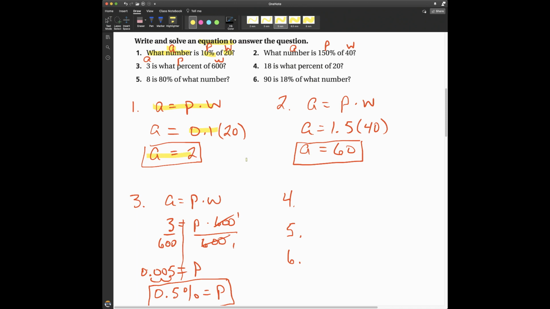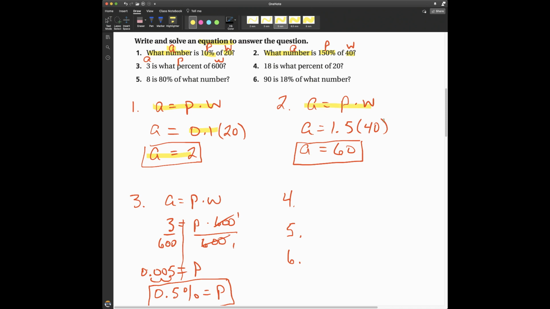All right, number two. Again, what number is? That is my part, and that is the variable for this problem. 150% is my percent, and the 40 is the whole. Remember, the whole is by the word "of."